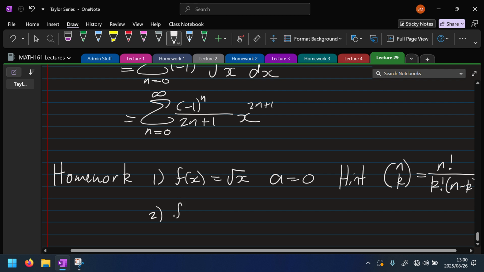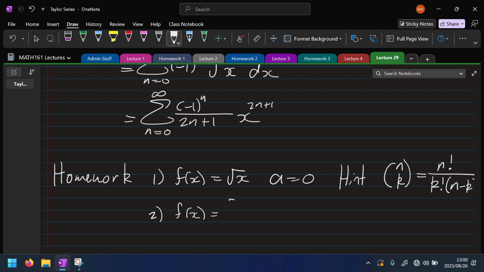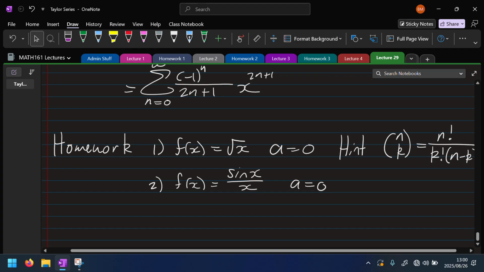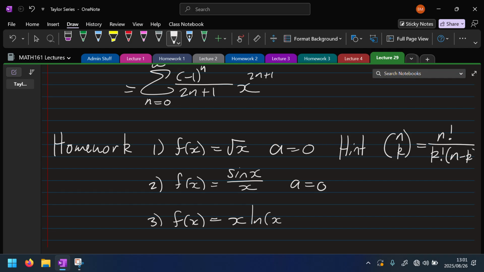Number 2, f of x equals sine x over x. Again, with a equals 0. And number 3, f of x equals x times the logarithm of x, with a equals 1.